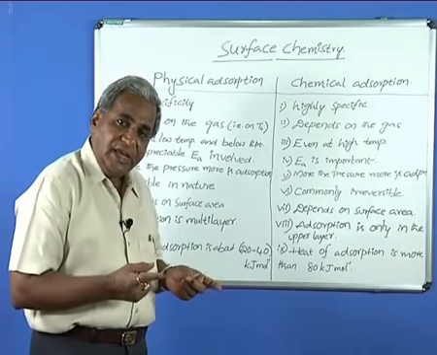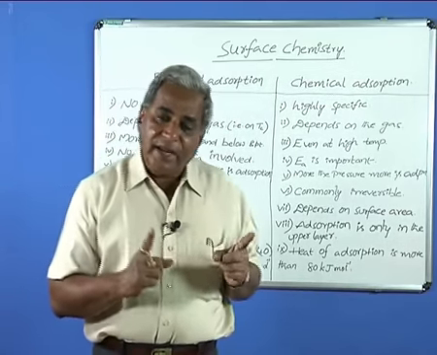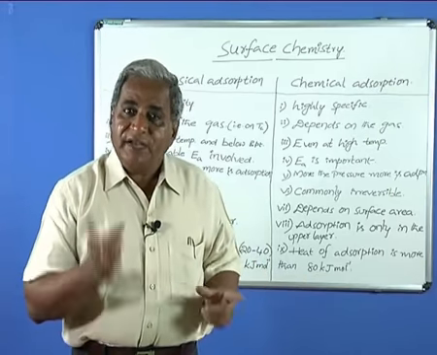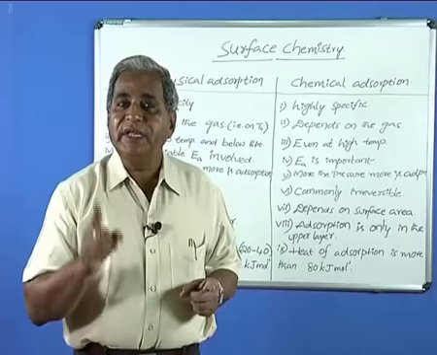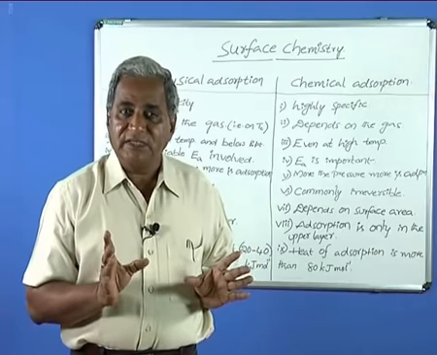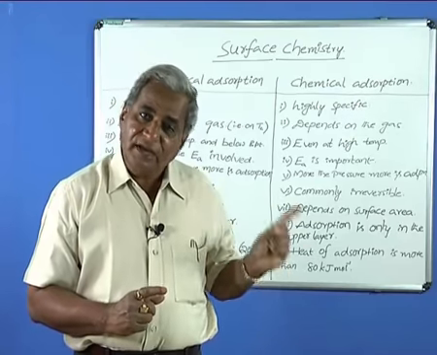What does it mean? If you take nitrogen and hydrogen on one side and ammonia on the other side, definitely ammonia should be adsorbed to a greater extent at normal temperatures compared to nitrogen and hydrogen.